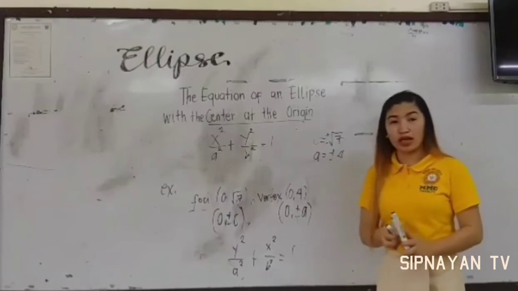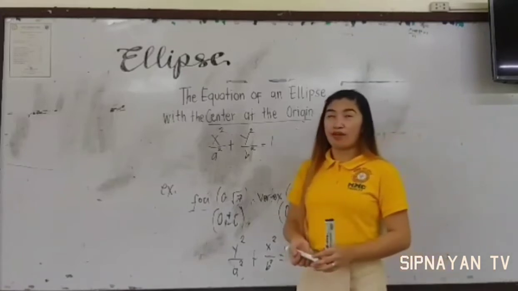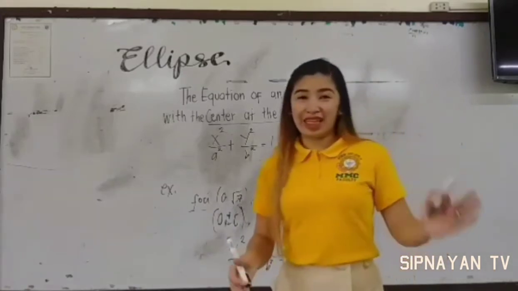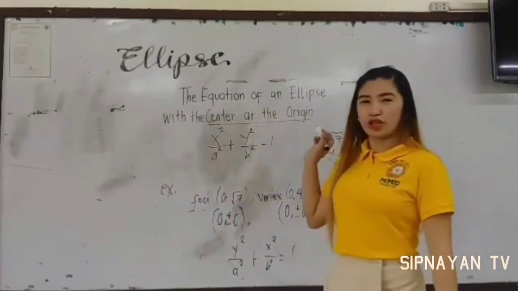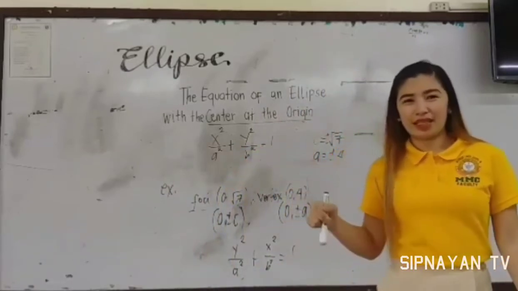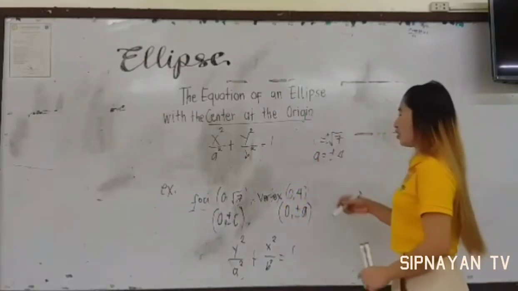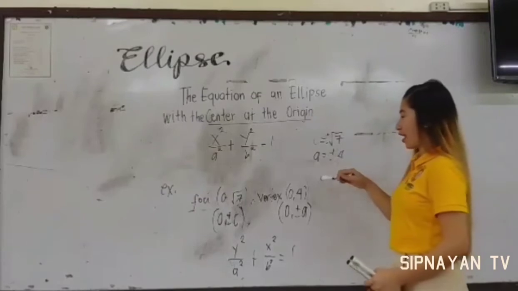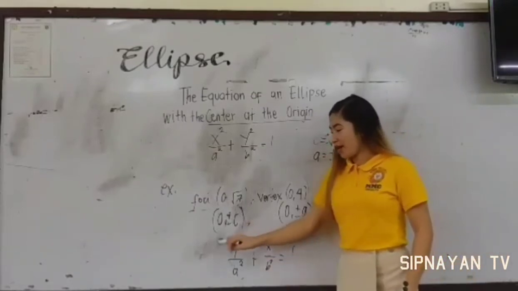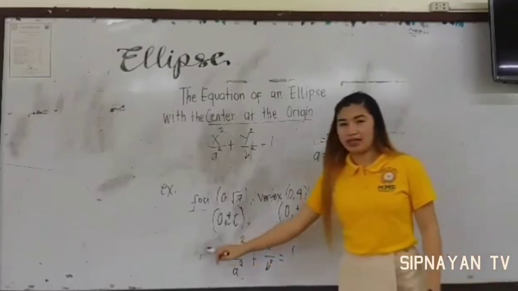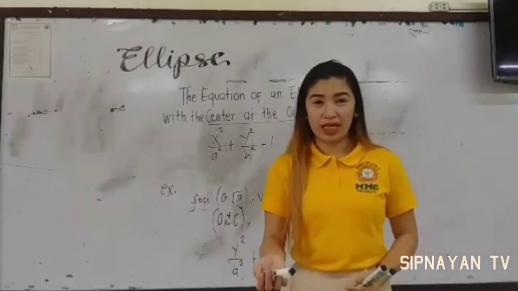Positive, negative po siya since ang foci is positive and negative value. So therefore, ang square root of 7 is also positive, negative square root of 7. Okay, so since meron tayong C, meron tayong A, but ang kailangan natin is B, para makuha natin yung equation natin, so we will find now the value of B.